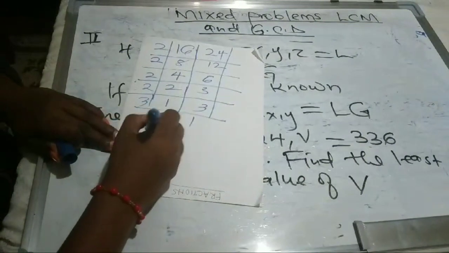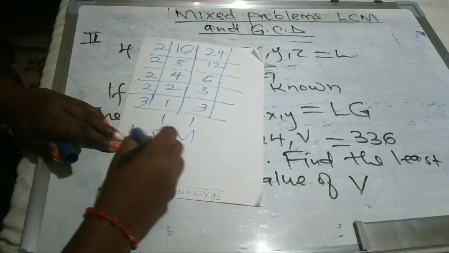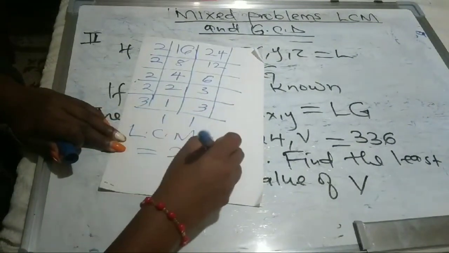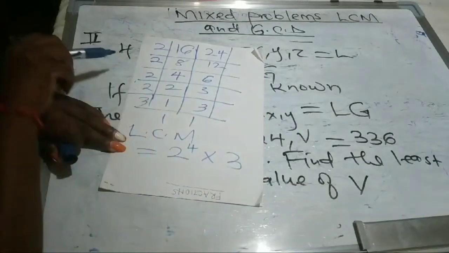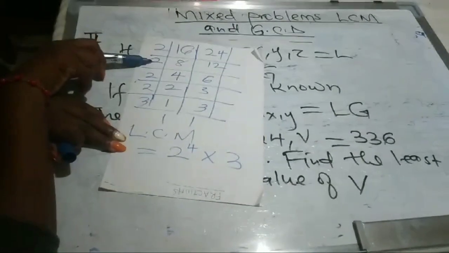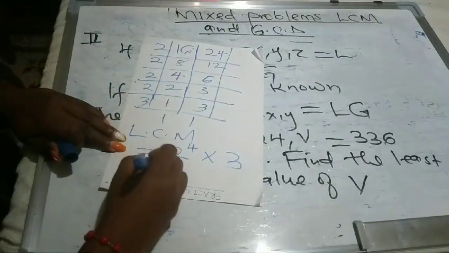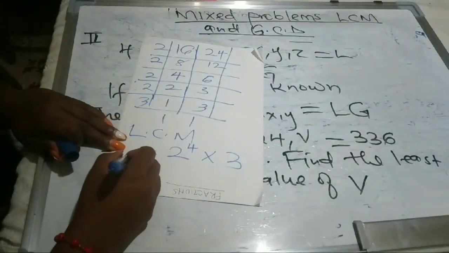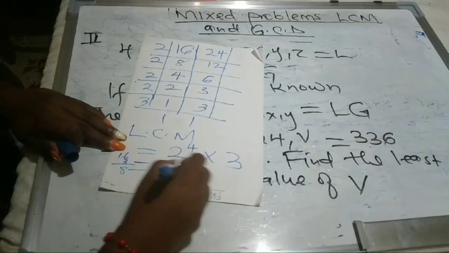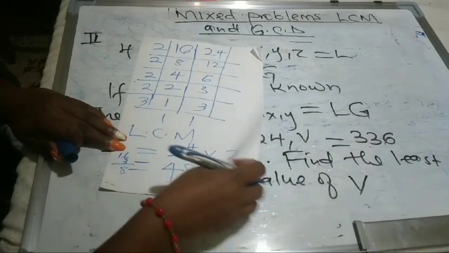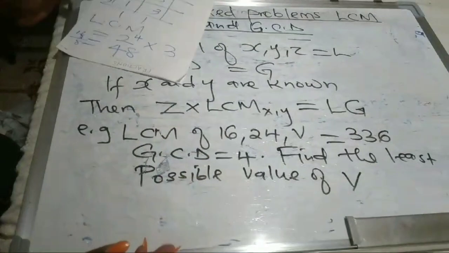Therefore, the LCM of these two will be equal to 2 power 4 multiplied by 3. So this is 2 times 2 is 4, times 2 is 8, times 2 is 16, times 3 is 48. So the LCM of these two numbers is 48.